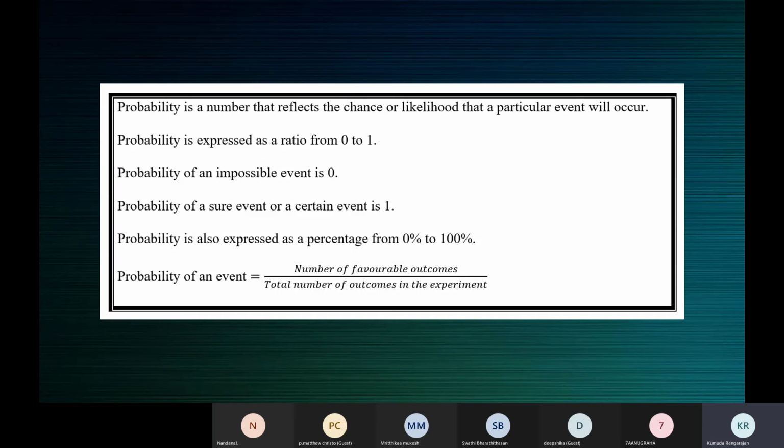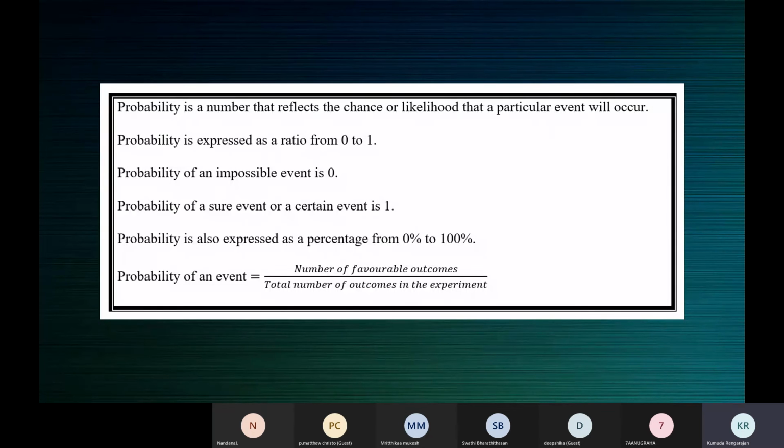Because there is only 1 to 6 on the die. So 100% you will get, right? So getting a number less than 7, that you will definitely get.